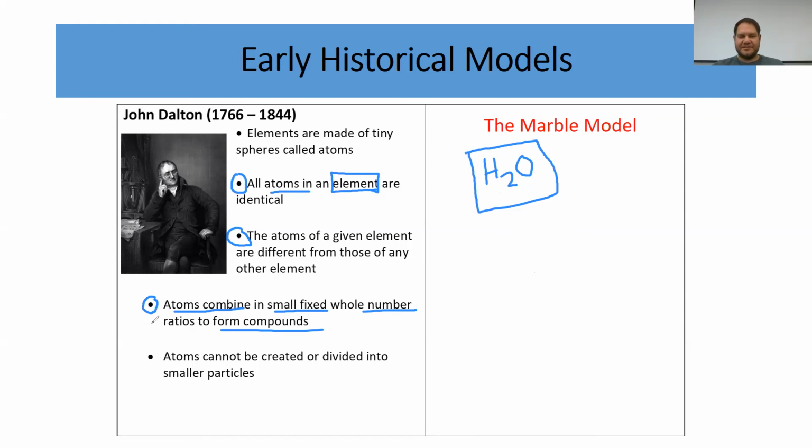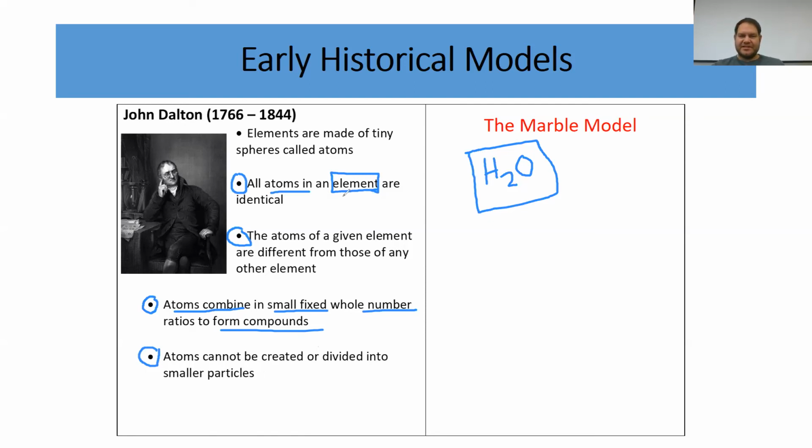That is actually true. Okay, and then he's going to say that atoms cannot be created or divided into smaller particles. Okay, well, that's not true. At the time, again, John Dalton, just like Democritus, had no idea that electrons, protons, and neutrons existed, or any subatomic particle existed and made the atoms up themselves.